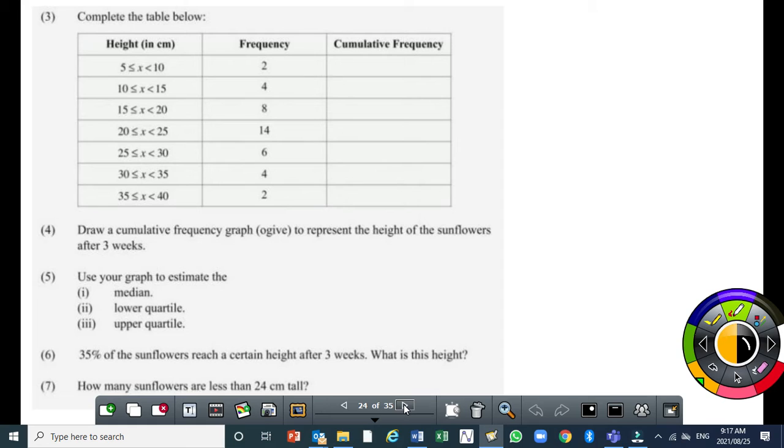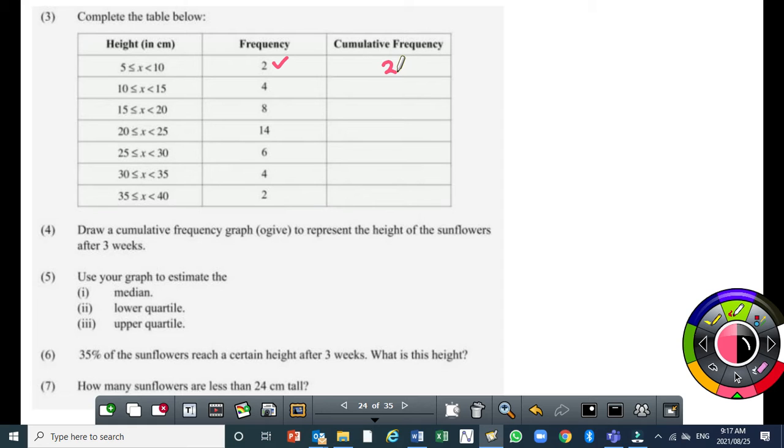For the first class interval, we don't have a previous cumulative frequency. Therefore, the cumulative frequency is equal to the frequency in this column here. So this 2 here is going to be the 2 that we put there. If there is no previous cumulative frequency, the frequency and the cumulative frequency will be equal.